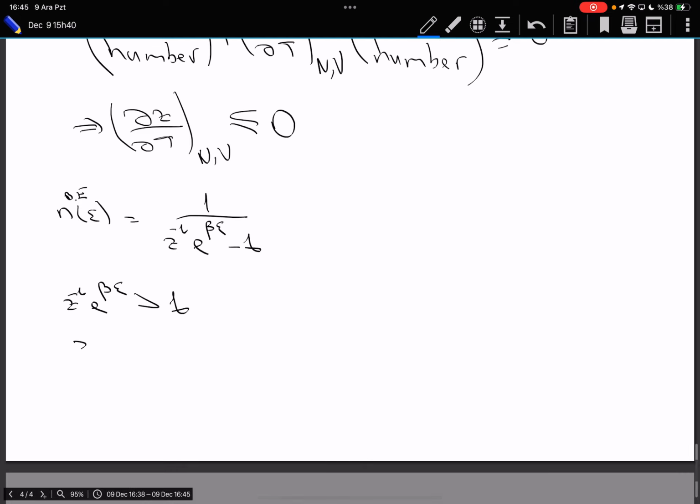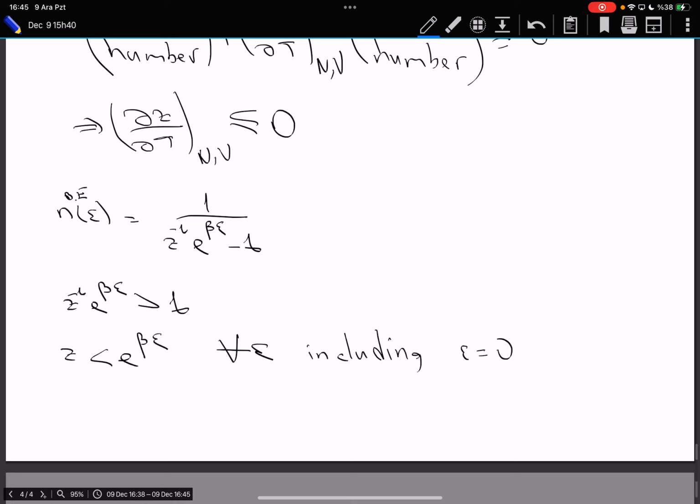Which tells me that z inverse should be less than e to the power beta epsilon. Now if I multiply both sides by z, z should be less than e to the power beta epsilon for all epsilon, including epsilon equal to 0, which is the ground state. Here I'm just talking about a single kind of particle, so I'm setting the ground state to 0. Which tells me that z should always be less than or equal to 1.